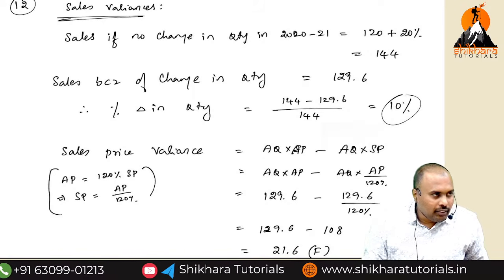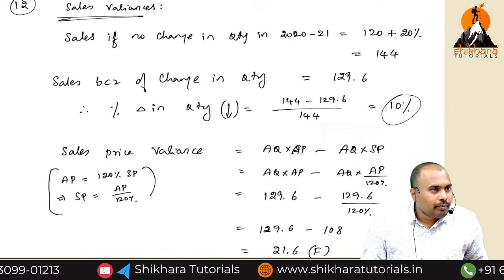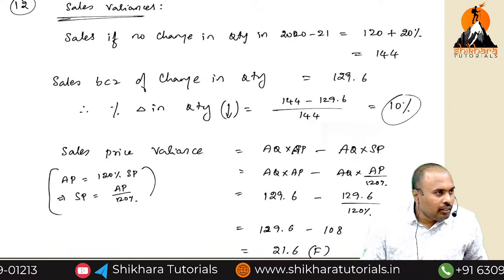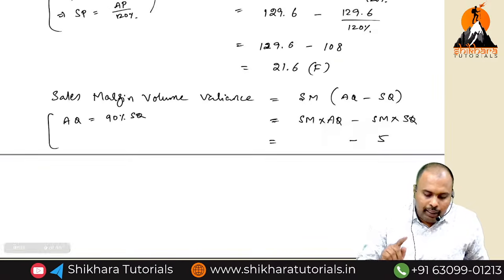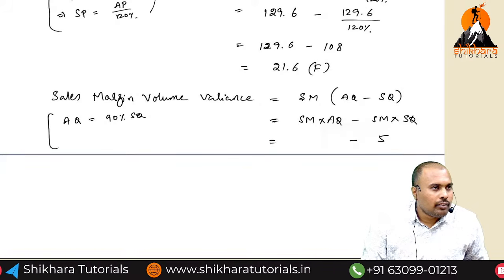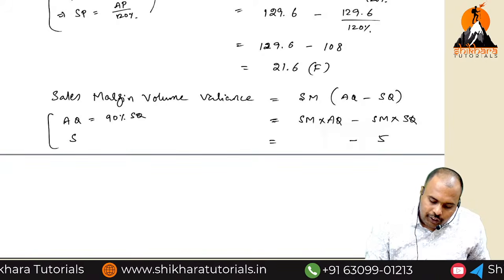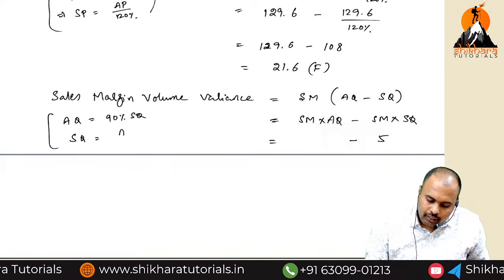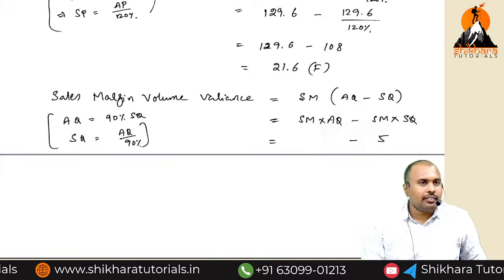Change in quantity is also decreasing. Understood? So AQ should be equal to 90% of SQ. Yes or no? Then definitely SQ should be equal to AQ divided by 90%.